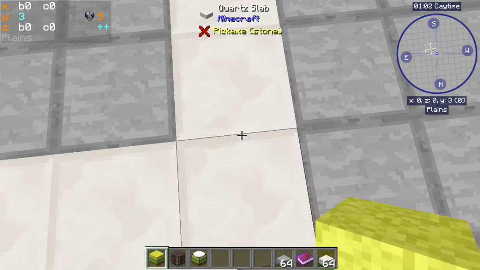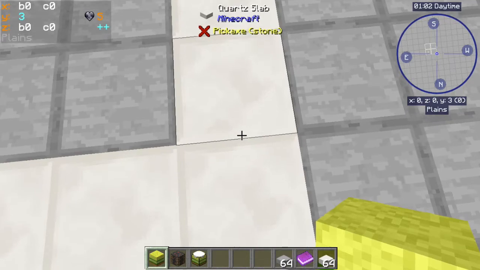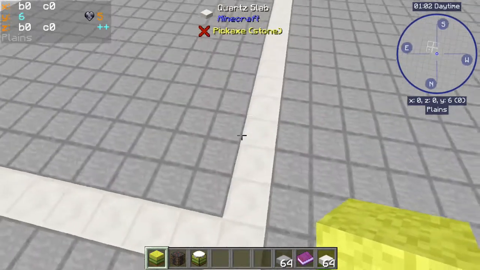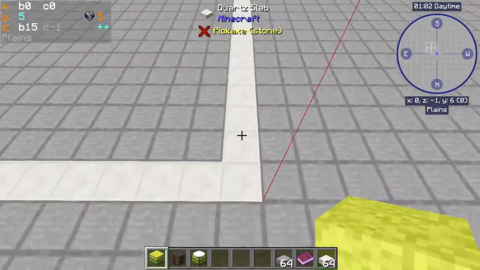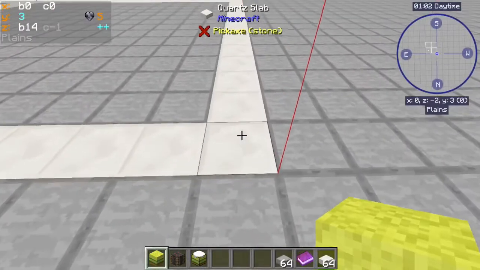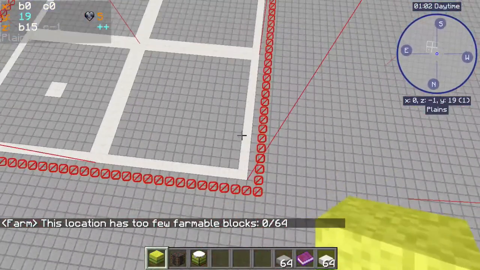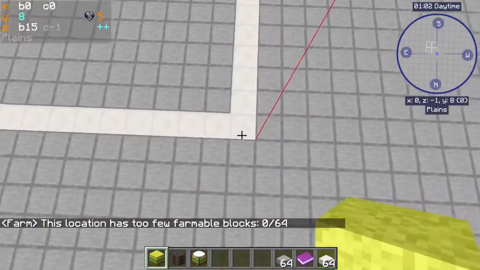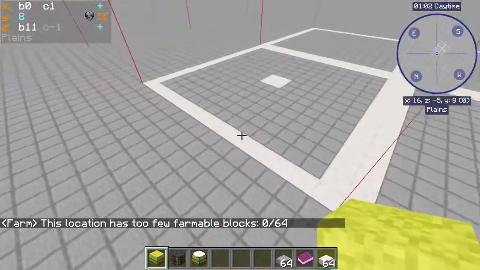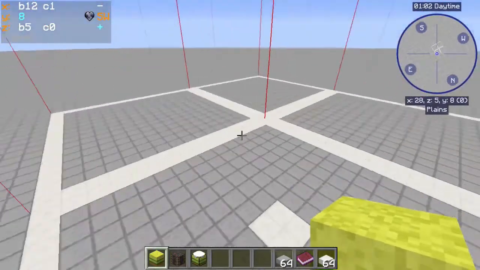If you look in the journey map, it's X0, Z0. So if I were to place, say, the farm block here, you'll see that the farm block is moving to cover this whole chunk area here.